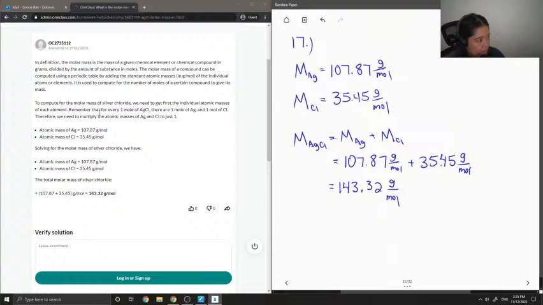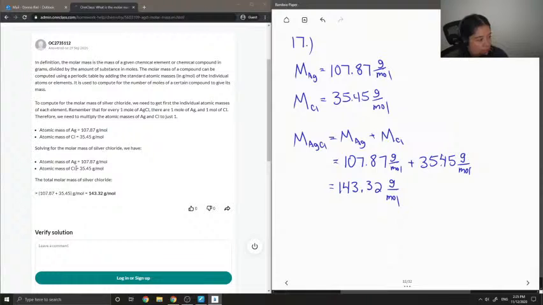To compute for the molar mass of silver chloride, we need to get first the individual atomic masses of each element. Remember that for every 1 mole of silver chloride, there is 1 mole of silver and 1 mole of chlorine. Therefore, we need to multiply the atomic masses of silver and chlorine by just 1. Okay, so they just wrote out the different atomic masses.